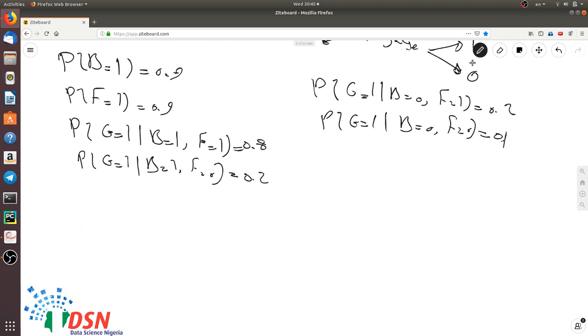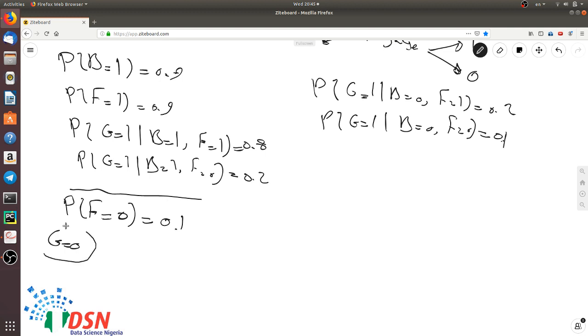Now let's say before we observe any data, we have a prior on F that the fuel tank is empty is 10%. So this is our prior, meaning that we have not observed any data yet. Now let's say we read the gauge as empty.